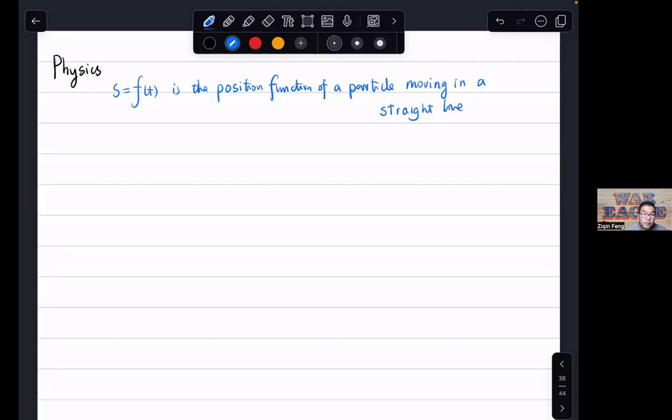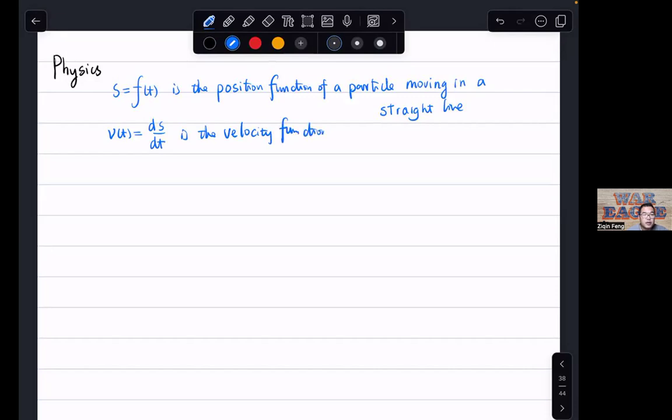And because velocity is just the rate of change of position, the instantaneous rate of change gives you the velocity. In other words, velocity is basically equal to ds over dt. So this is the velocity function.